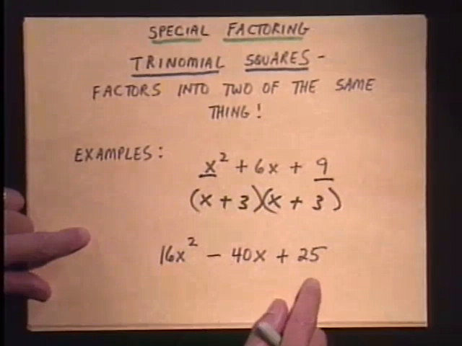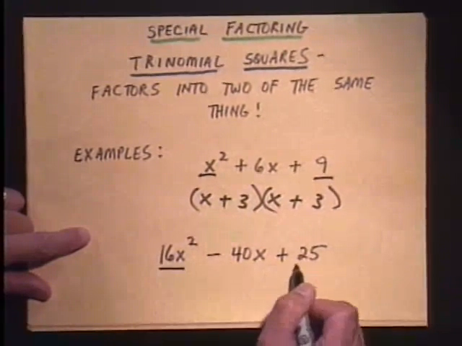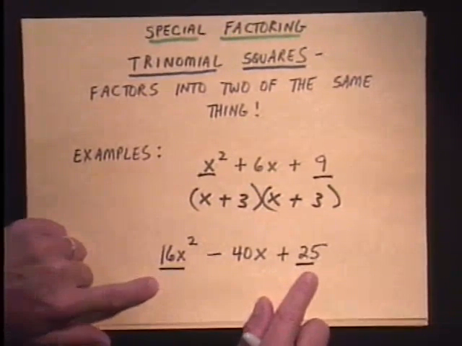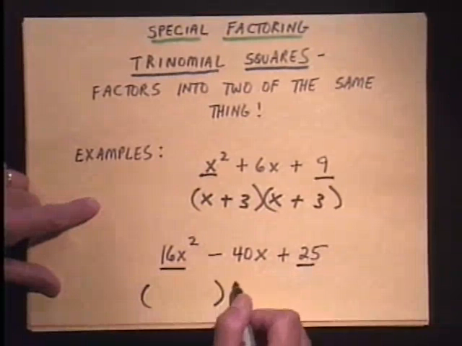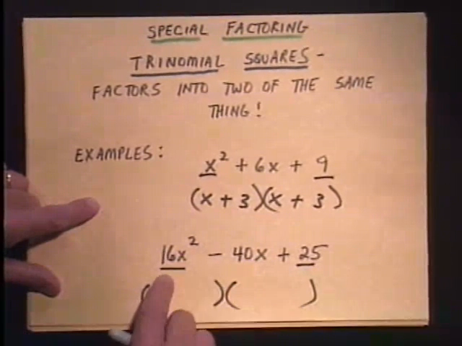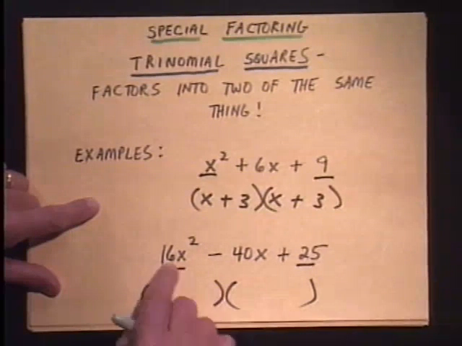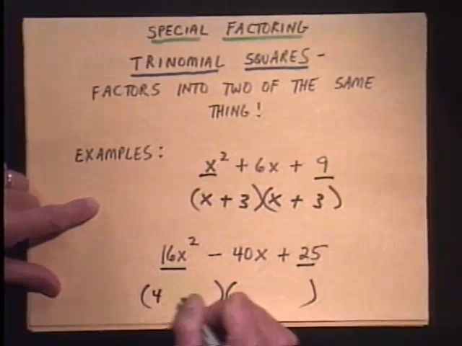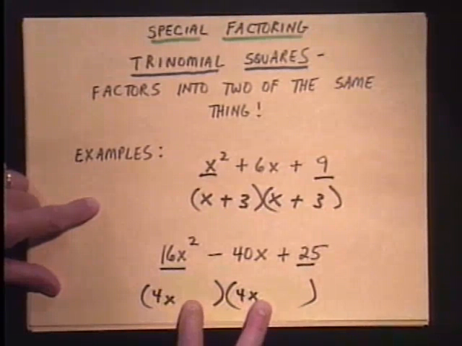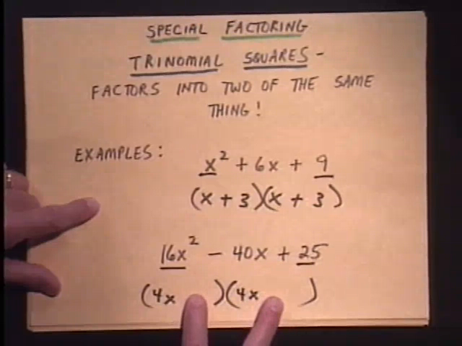All right, second example, again, notice this format. First and last terms are perfect squares, so if you look for that first, we can go ahead and see if we can get two of the same things out of that. What two of the same things multiplies to give me the first term, 16x squared? 4x, 4x. All right, now both signs have to be the same here as well. They either have to be both pluses or both minuses.